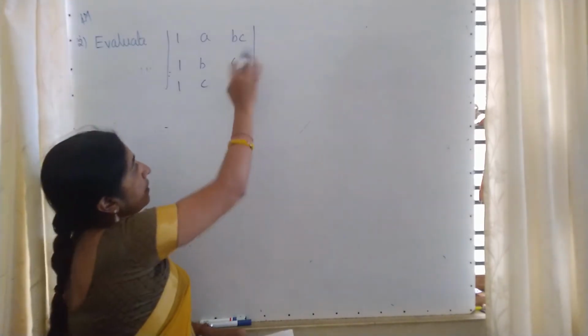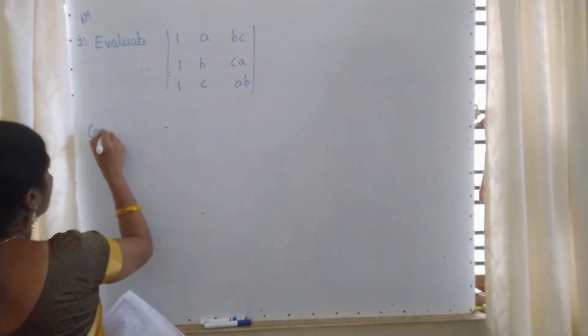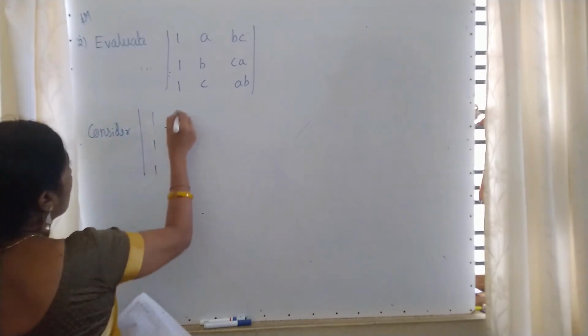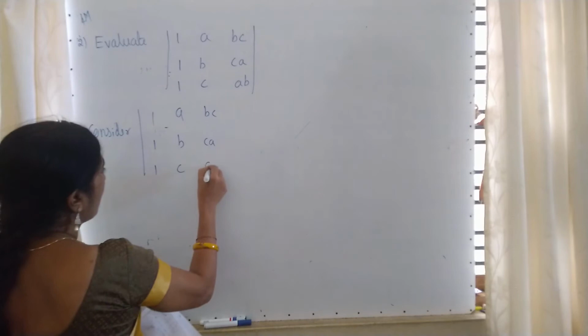But here the answer is not given. So whatever is given, consider that: 1 1 1, A B C, BC CA AB.